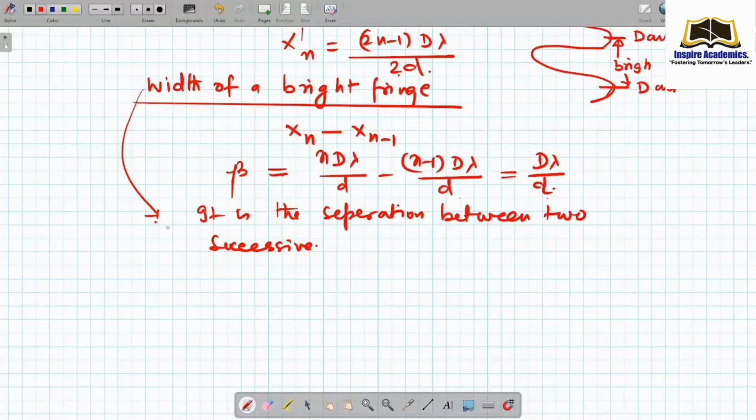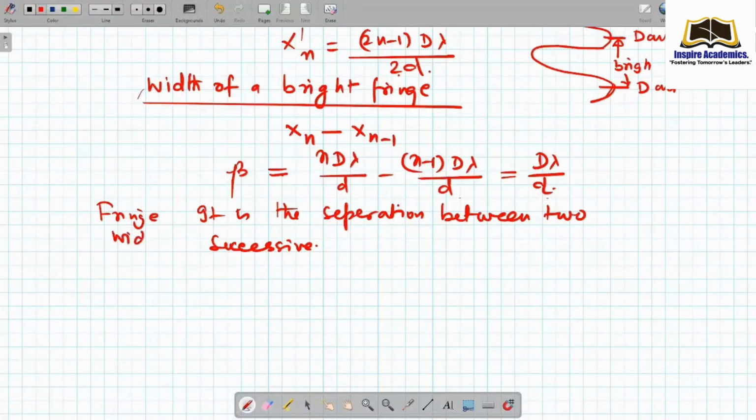This is called fringe width. Okay, but if you want to know what is the fringe width, इसको जनरलाइज ही कर देते हैं, so that you don't really get into any kind of confusion. Simply we define it as a fringe width.